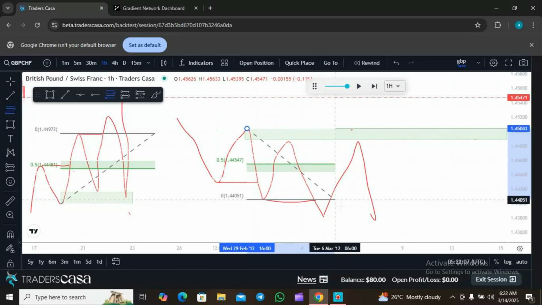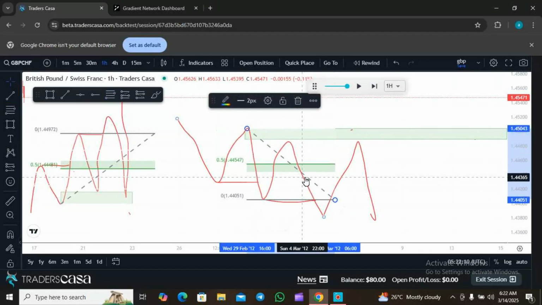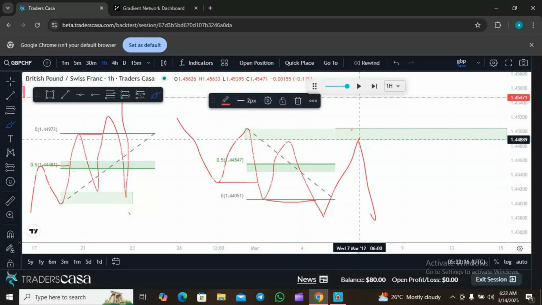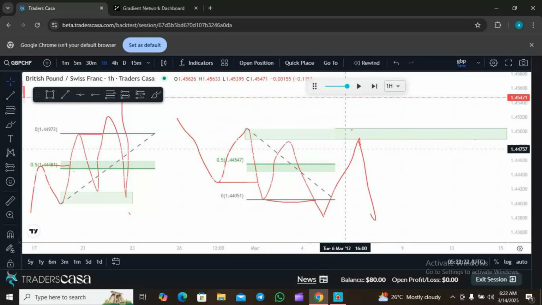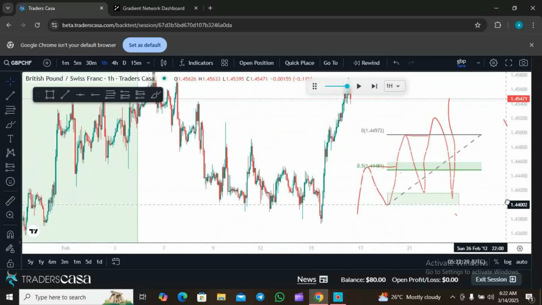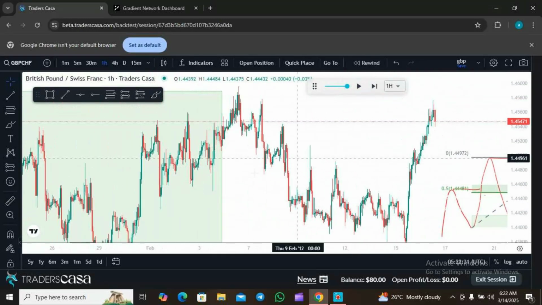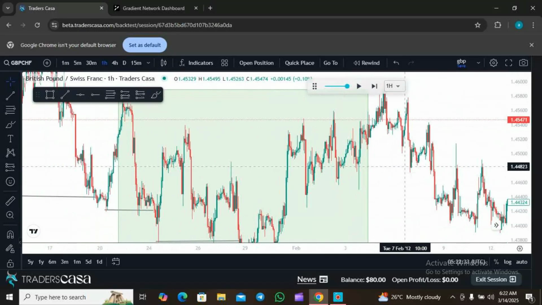Same thing here. Use our fib, measure from this high to this break of structure here. Price will come, take this structural liquidity out, react from our POI and sell down.